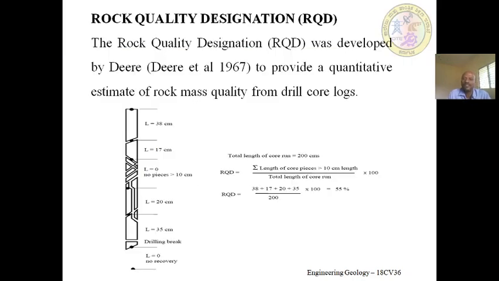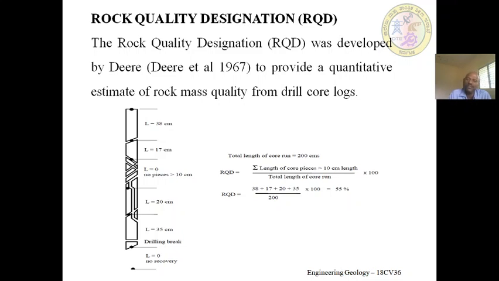Rock Quality Designation, that is RQD. RQD was developed by Deere in 1967 to provide a quantitative estimation of rock mass quality from drill core logs. In drilling, there are three types: one is RC drilling, reverse circulation; second is DTH drilling, down the hole; and third is core drilling, or diamond drilling.